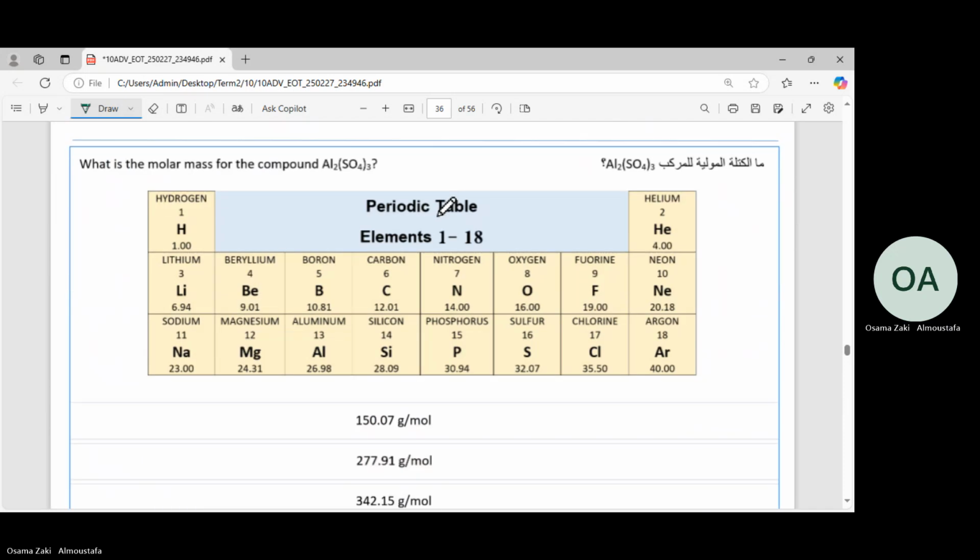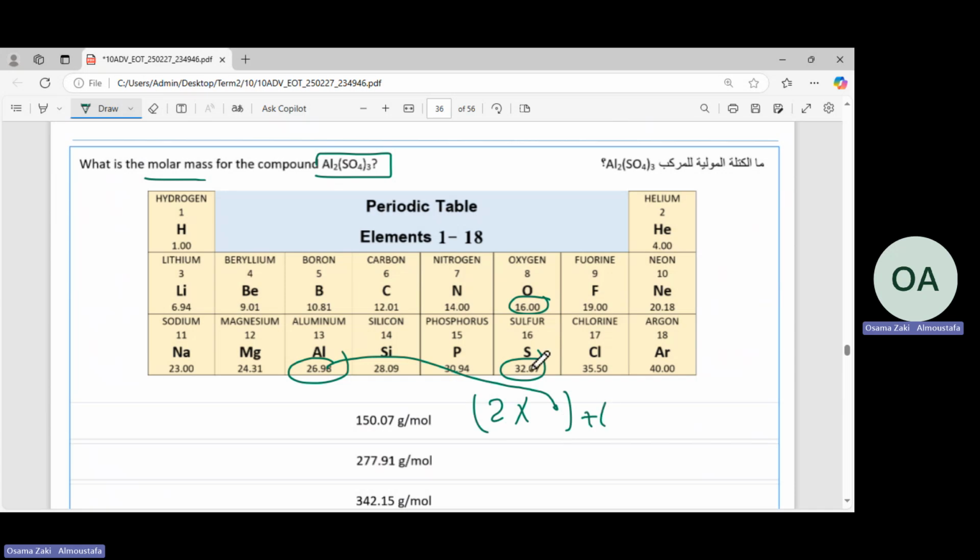What's the molar mass of the compound? How to find it? Look, this is Al, this is S, this is O. How many Al do we have? We have 2. So 2 times this number, this is for Al. Plus, what about S?